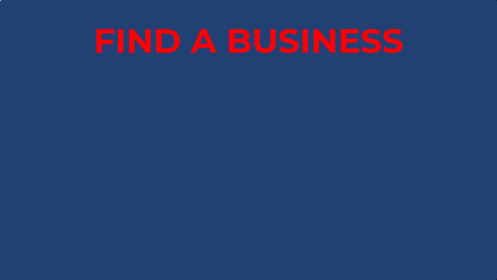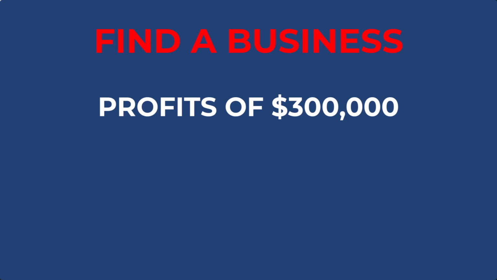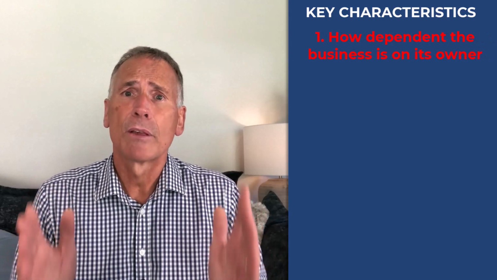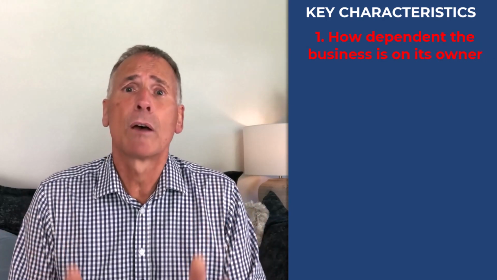So if you find a business with profits of $300,000, using a 3 times multiplier, this business could reasonably be worth $900,000. There are a number of characteristics that affect this multiplier, and in my opinion, there are 2 key characteristics you should consider, which are the level of dependence the business is on its owner.